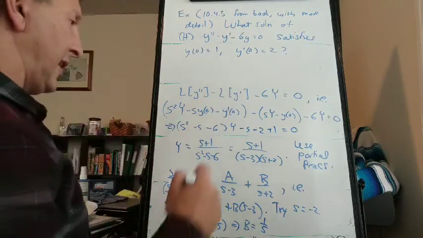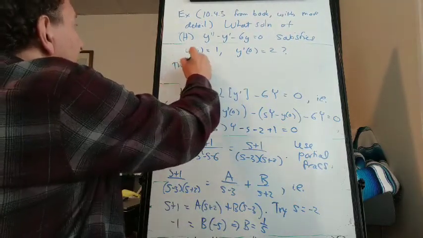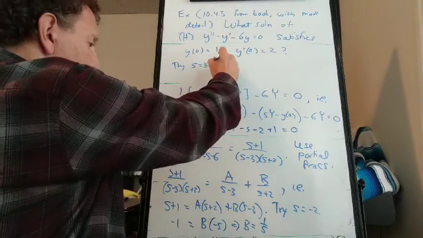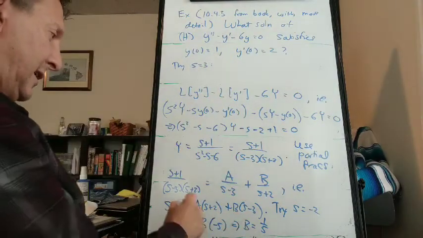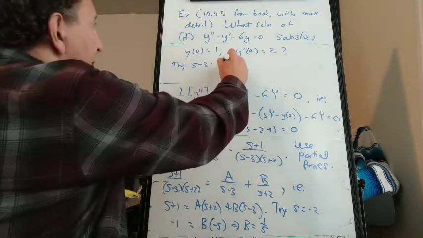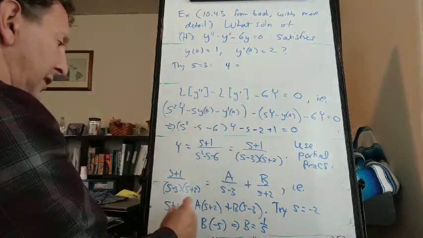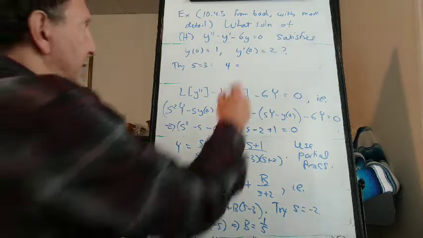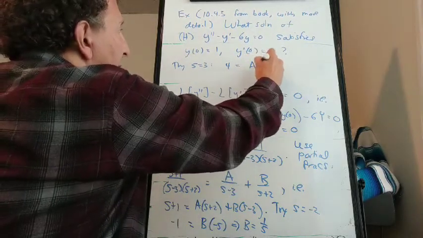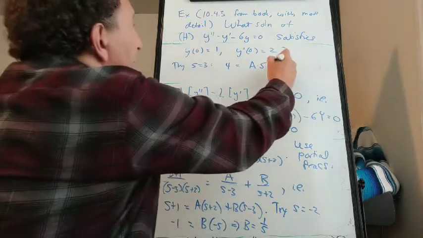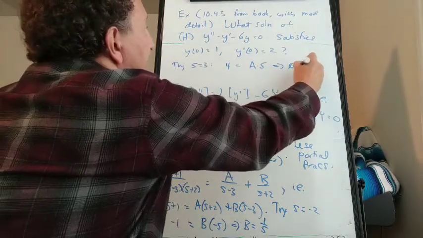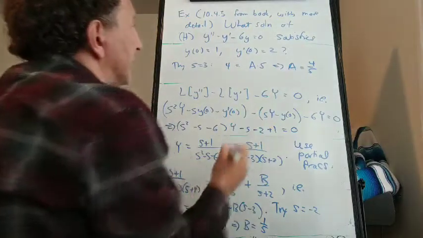And then if we try s equals 3, then we get 3 plus 1, 4 equals A times 5. And then this part disappears. So I guess A is 4/5.